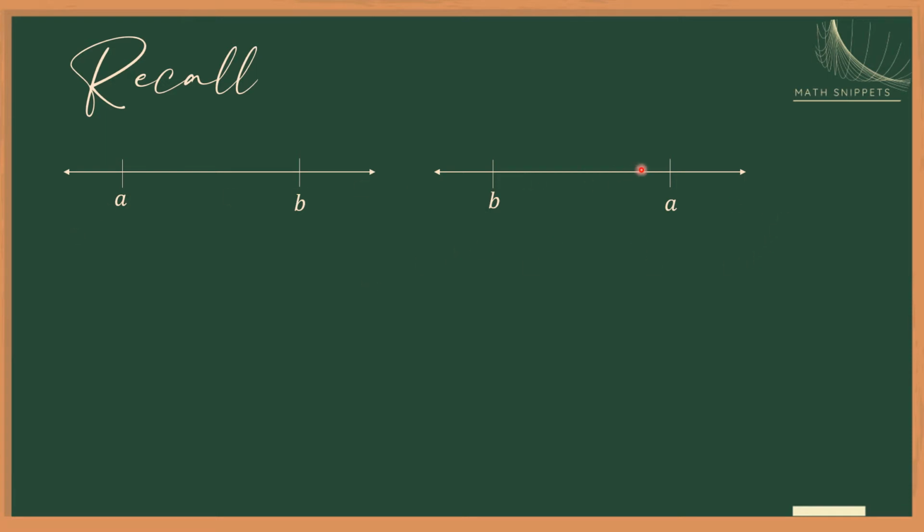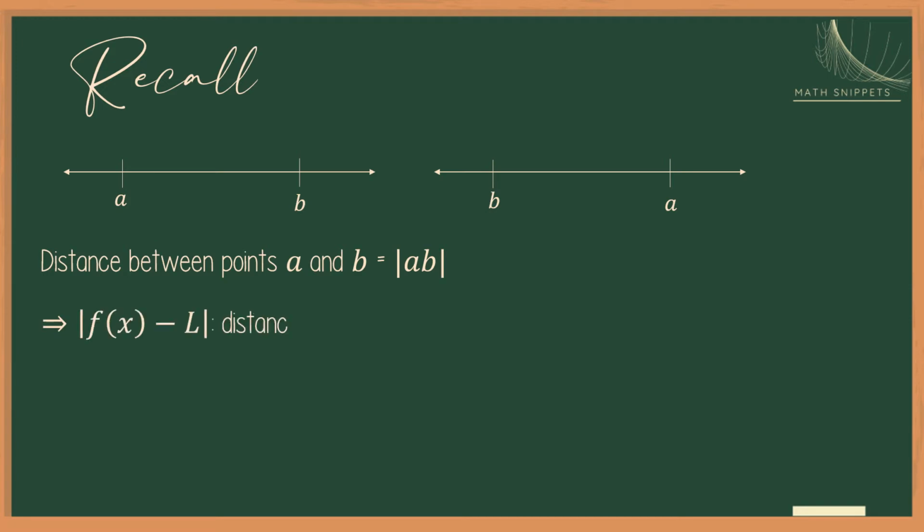For either of these cases, the distance between A and B is denoted by this symbol. This is a non-negative symbol. Remember, we are only after the distance between the points. So when we have values f of x and a real number L, then the distance between f of x and L is denoted by this symbol.